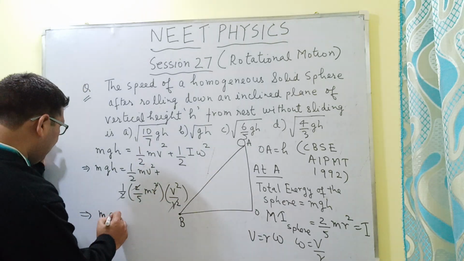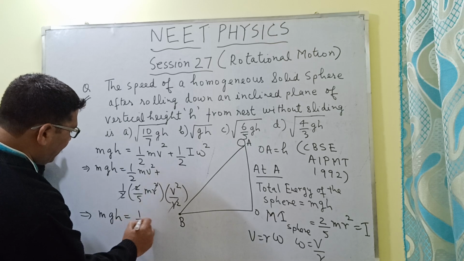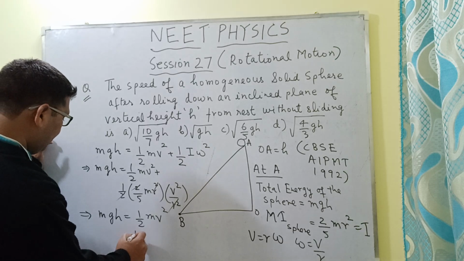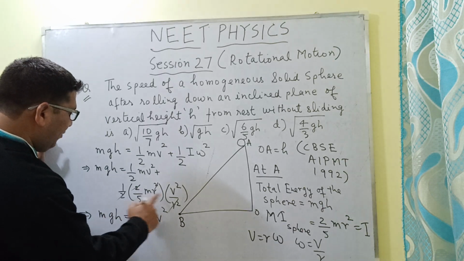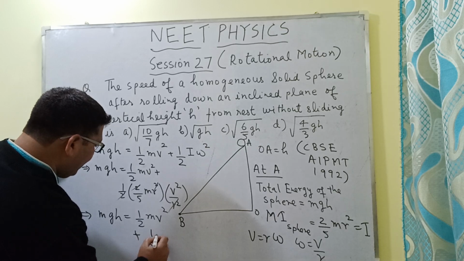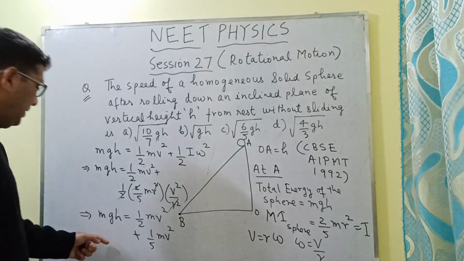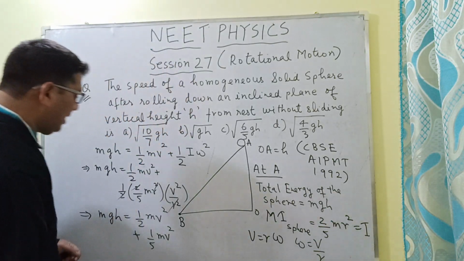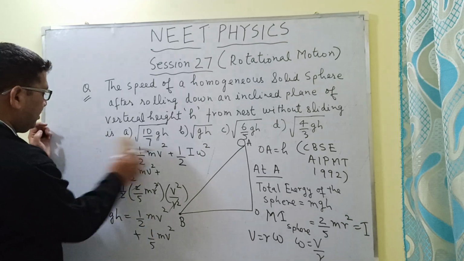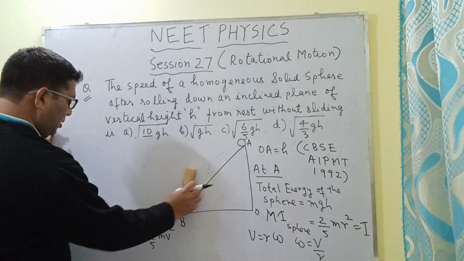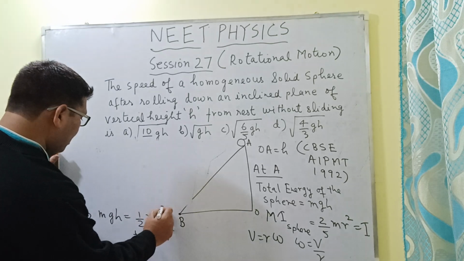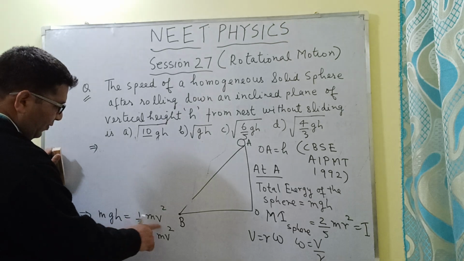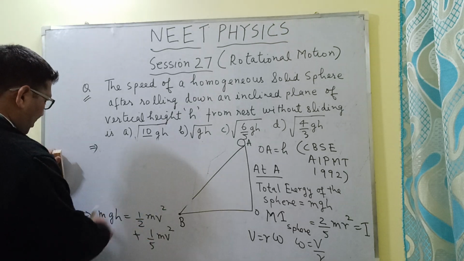So I am getting mgh is equal to half m v square plus 1 by 5 m v square. This is the equation which I am getting right now, and now I will be solving it.